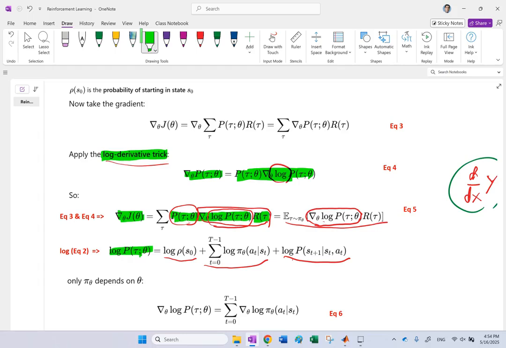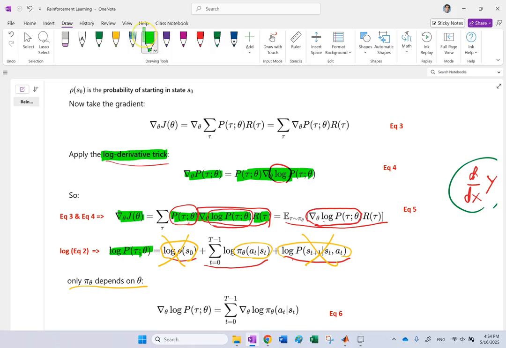The thing is, this term here has nothing to do with theta. So when I take the gradient with respect to theta, it drops out. Also, the transition probabilities have nothing to do with theta. The only term that has theta is this middle one.